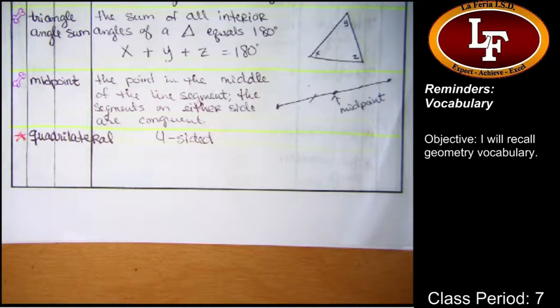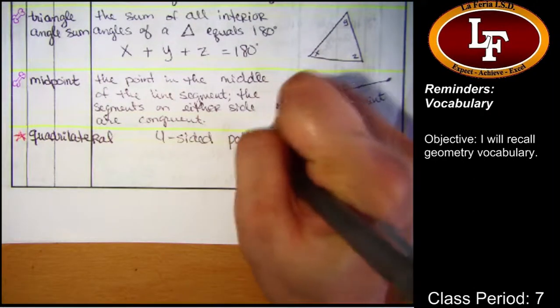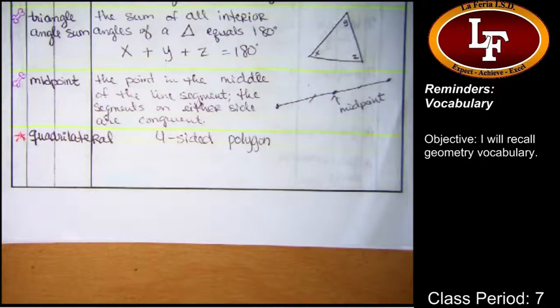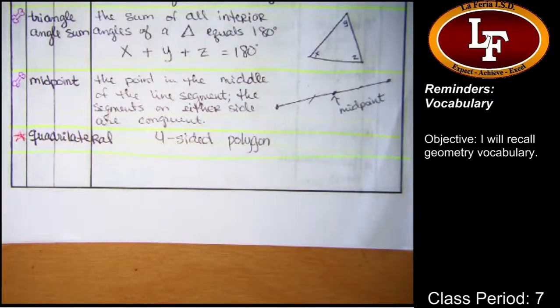What did we say that was called yesterday? Yeah, polygon. So a quadrilateral is any four-sided polygon, which means this thing's got to be closed. Those sides got to be straight. And it's got to have some angles, no curves to this quadrilateral.